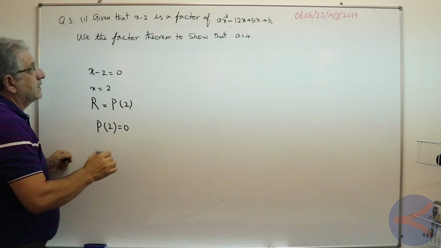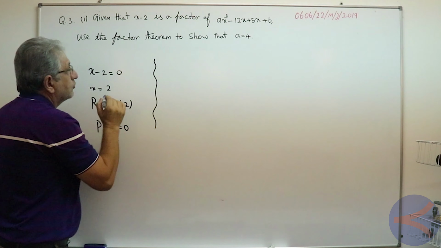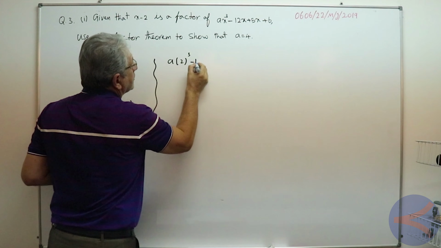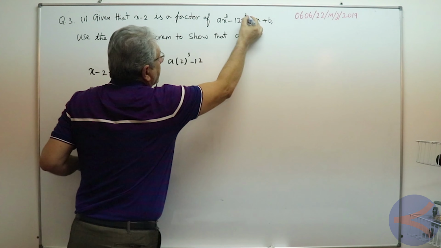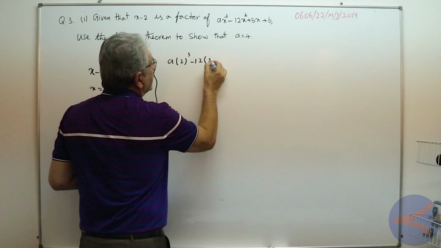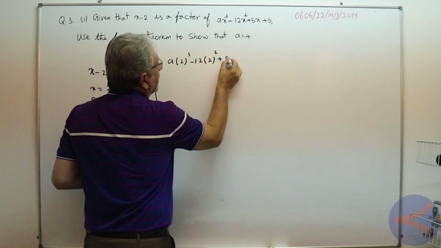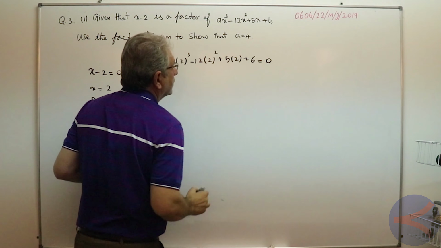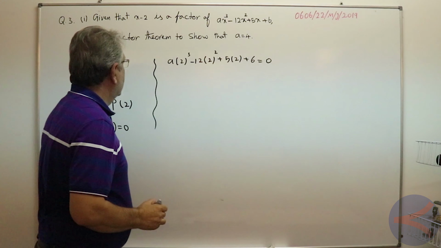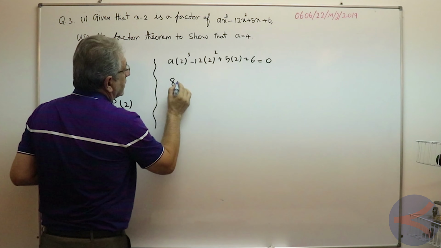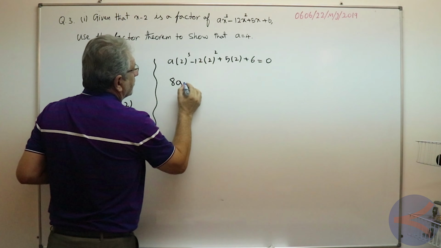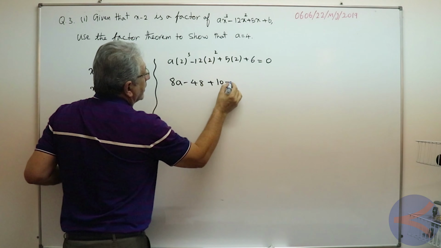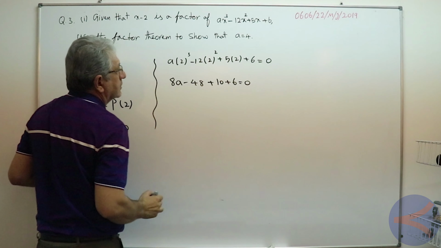Now we can easily solve it. p of 2 means a times 2 to the power of 3 minus 12 times 2 squared, sorry, there's a square here, 12 a square, plus 5 times 2 plus 6, and this should be 0. That is our remainder. Now this is 8a, this is 4 times, this will be minus 48, this is 10 plus 6, it should be 0.